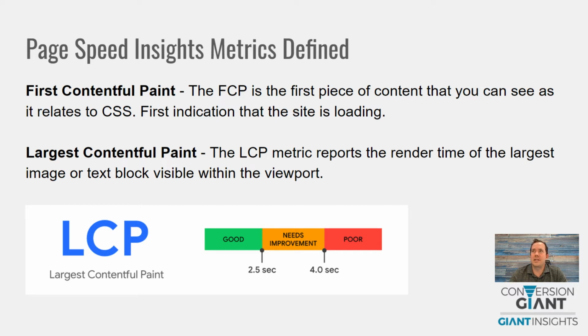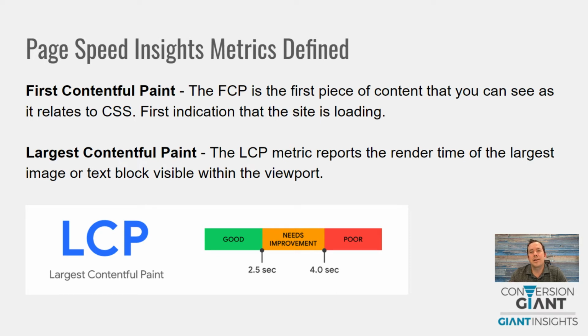So if it's some sort of border or a text block or something small, usually the smaller things are the first things to load. As soon as something loads, it's going to trigger the first contentful paint. It's going to mark the time in Page Speed Insights or in Core Web Vitals. And so this is actually the first indication that your site's loading for a user. So they do track that.